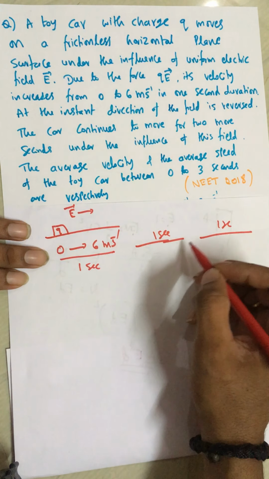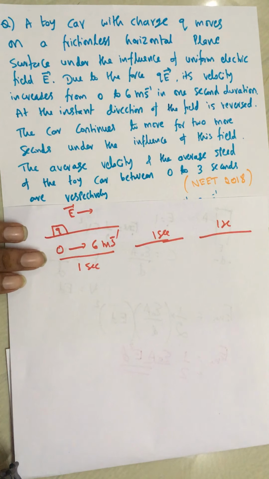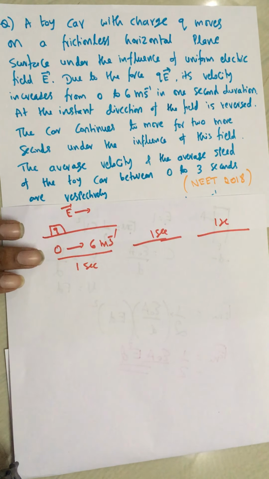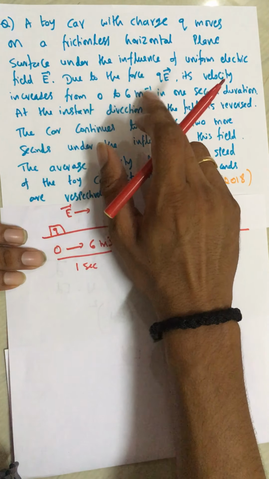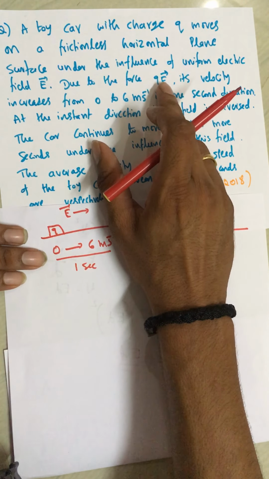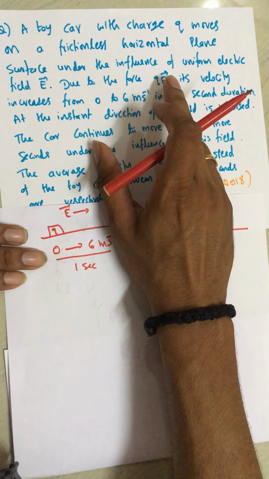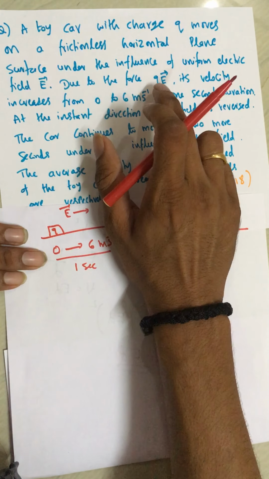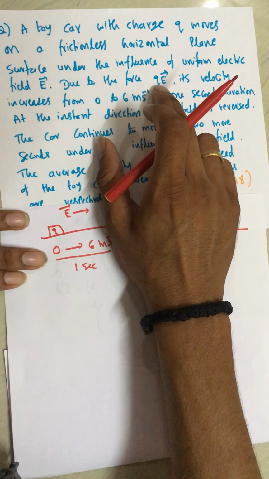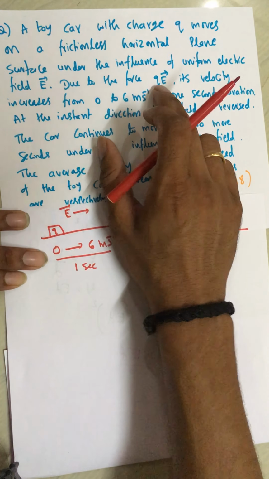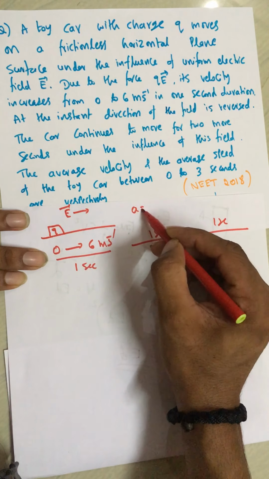And what happens in the next 2 seconds? Let's find out how much the acceleration is, and whether the acceleration is constant. This charge experiences the force Q into E. Since Q and E are constants, the force experienced by the charge is also constant. Since force is constant, acceleration is also constant.